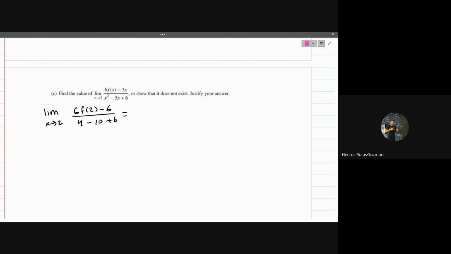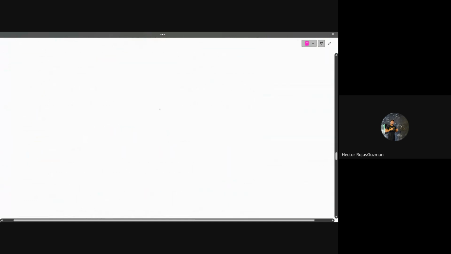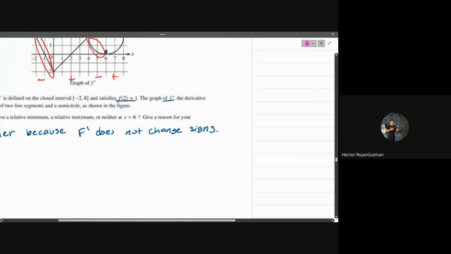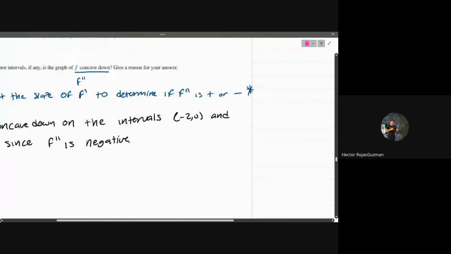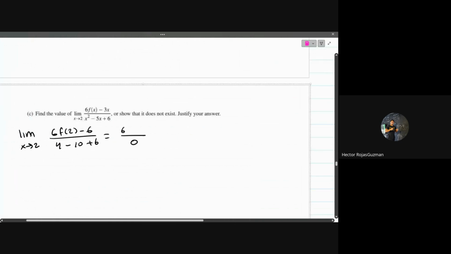But the problem with this is that if you do this, you're going to get a 0 in the denominator. Let me see what f of 2 is. Oh, okay. F of 2 is 1. So then this is basically 6 times 1 minus 6, which is also 0.